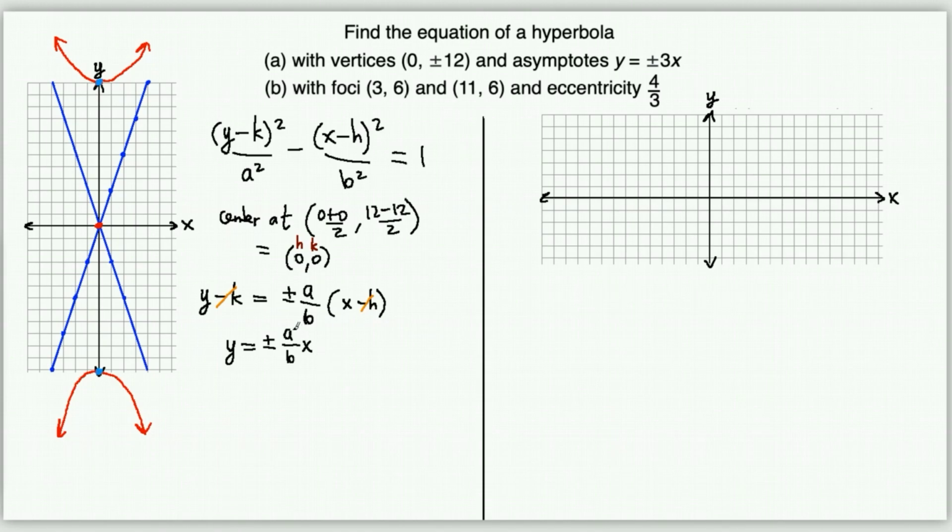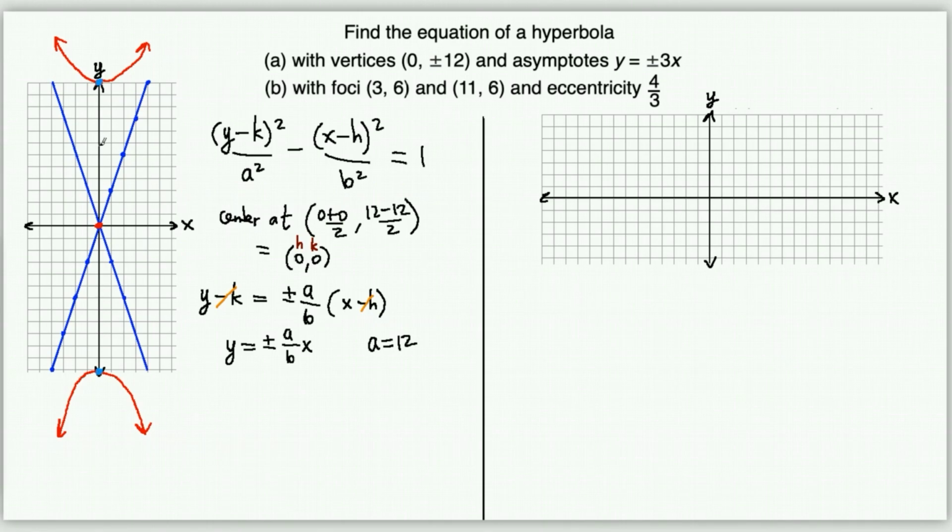So now we also know one piece of information. We know that a is equal to 12. How did I get that a is equal to 12? Well, I know that the a is going to be exactly 1/2 the distance between the vertices, right? So the distance between the vertices is exactly 24, right? Because this absolute distance is 12 to the origin, and from the origin to the top vertex is going to be another 12, right?